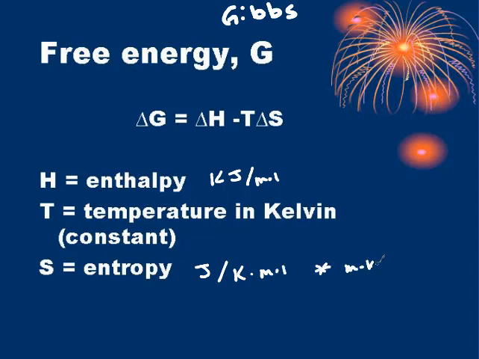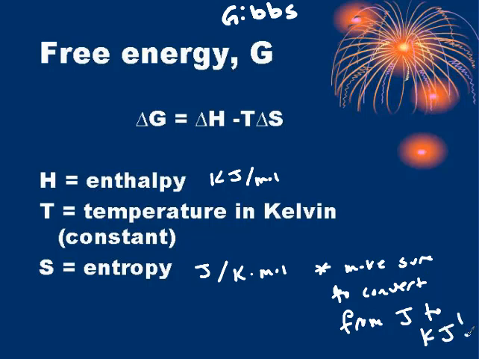So make sure that you convert delta S from joules to kilojoules. You can also convert your delta H to joules, but most often we convert our delta S to kilojoules to get our delta G in kilojoules.